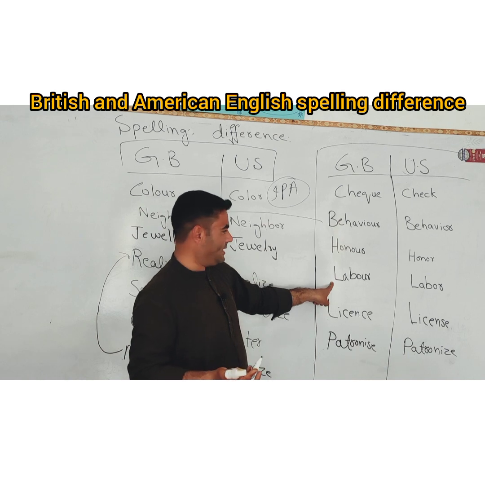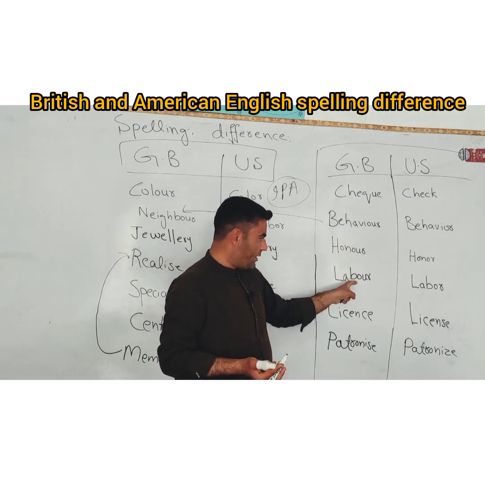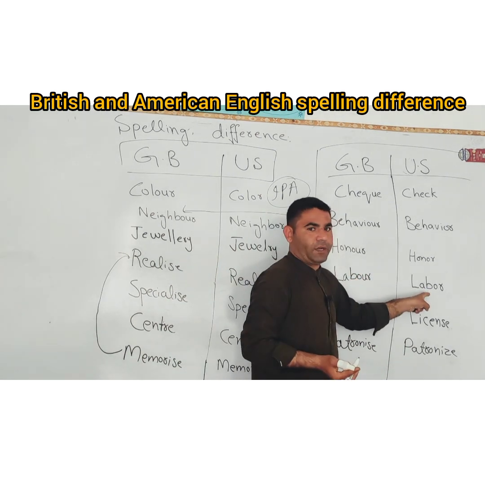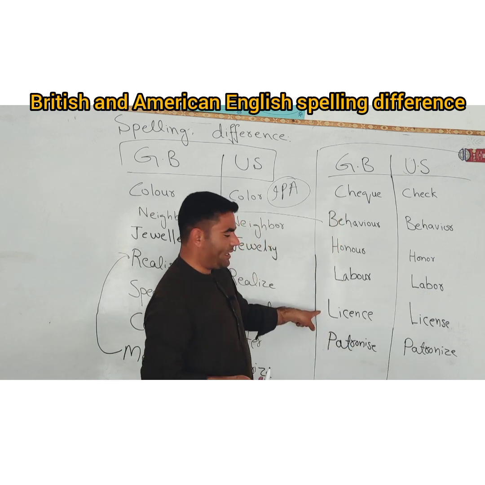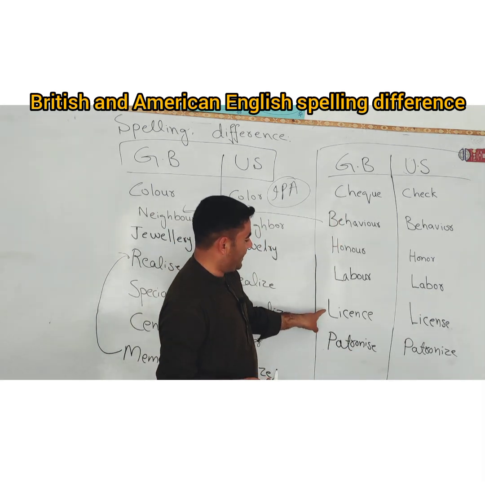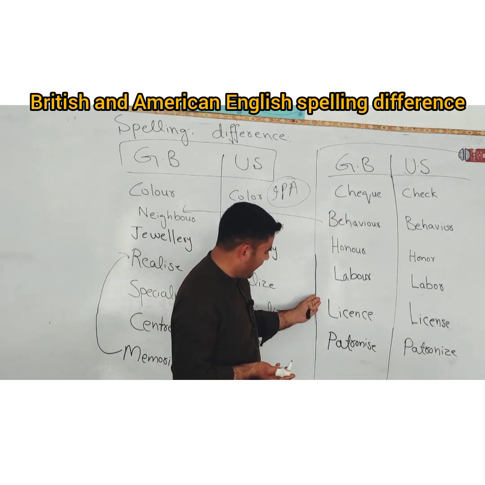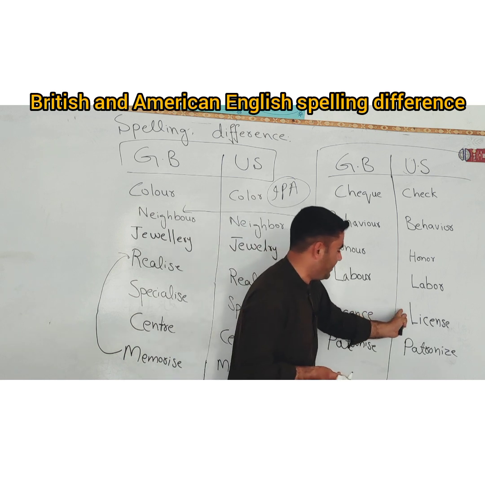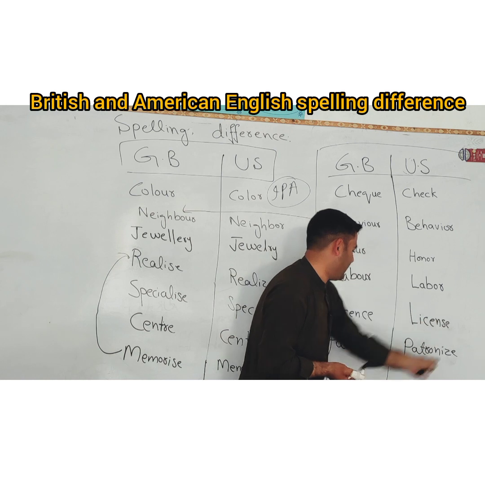Labour, the same as I told you, the word that ends with O-U-R in British English ends with simple O-R in American. Licence spelling is different. In British English, licence is spelled L-I-C-E-N-C-E. In American English it is spelled L-I-C-E-N-S-E.